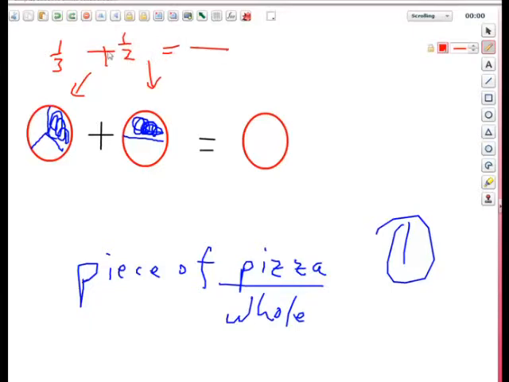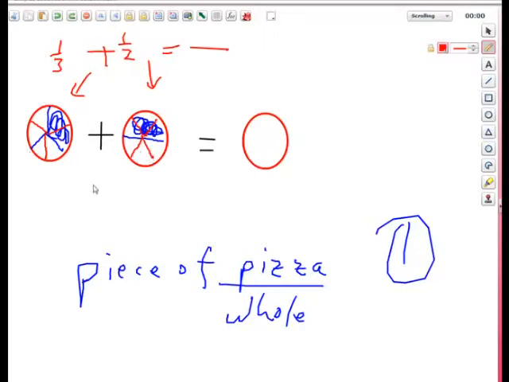And we're not going to get 2/5 out of that. Okay. So how are we going to get those pieces the same size? Well, the answer is let's divide those 3's by 2 and divide these 2's by 3.